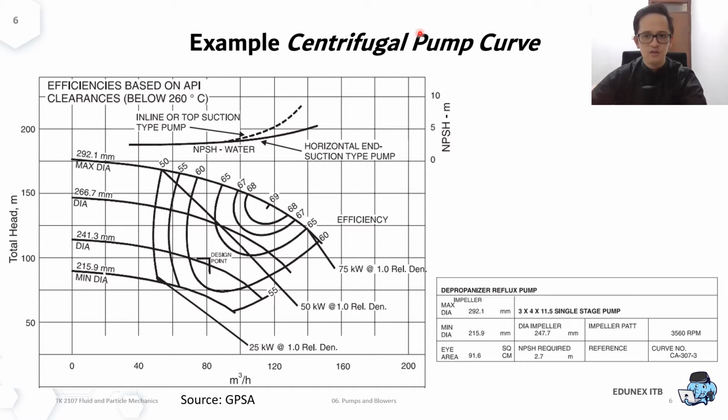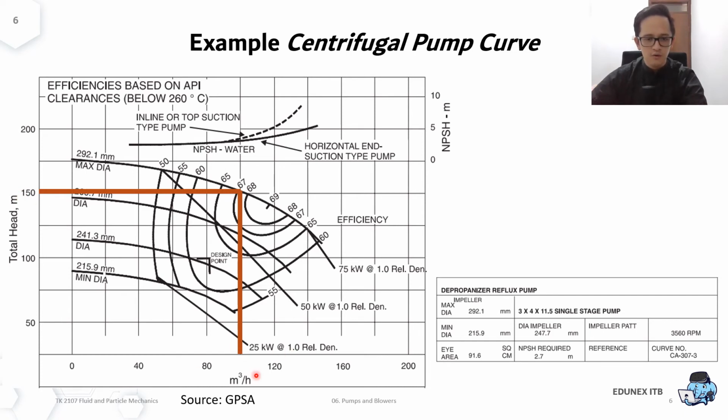So how to read this curve? For example, you have a feed at 100 cubic meter per hour. That's a vertical line. And then let's say you use the highest impeller diameter at 292.1 millimeter. That will give you around 150 meter of head generated.